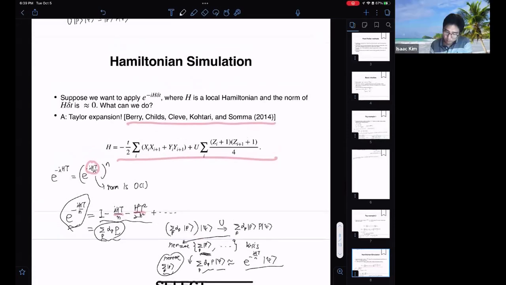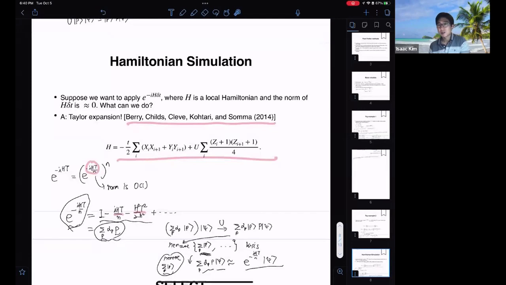One extra comment I should add is that if your only goal is to apply this e to the minus iHt divided by n once, such that the thing in the exponent has order 1 norm, then maybe this will work. But if you want to repeat this over and over again to simulate a long time evolution, then clearly this will have an issue.